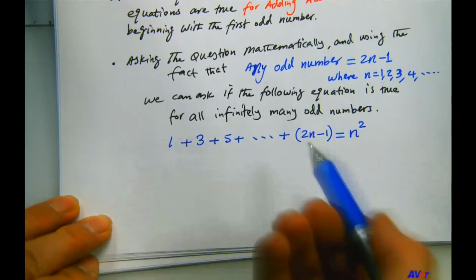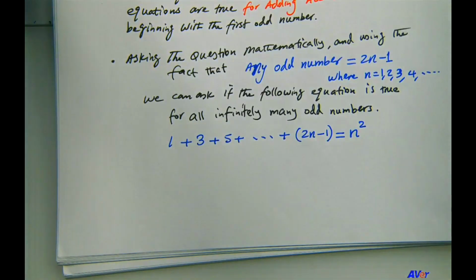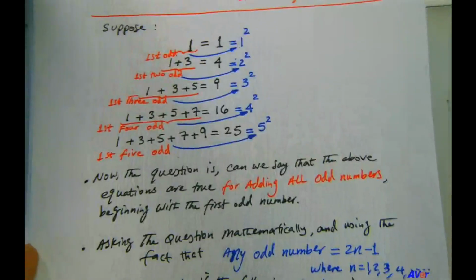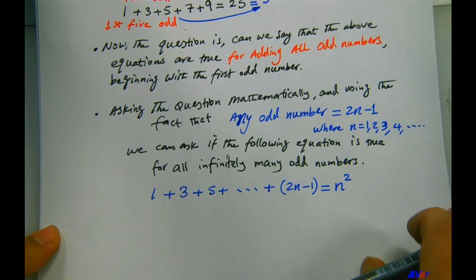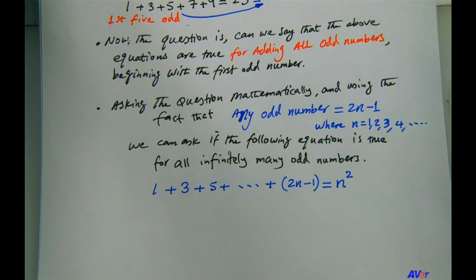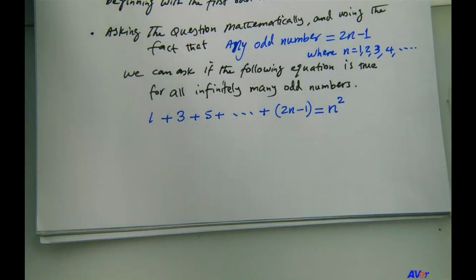Right? We can make this statement. But how would we prove this? Because, like I said, for a few examples like this, for a few examples like that, we can show it. But with 10 billion, 100 billion, 20 trillion odd numbers, or infinitely many odd numbers, that's even more important. With infinite, how can we show this? How can we make this statement and show that it's true for all infinitely many odd numbers? Or if it's not true, how can we prove or disprove this statement?